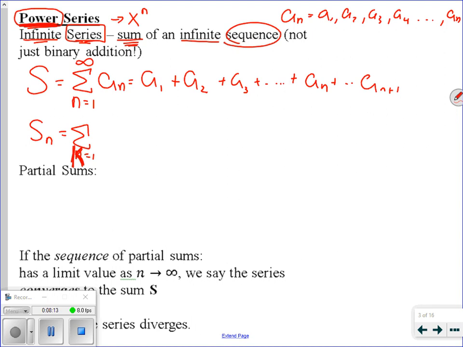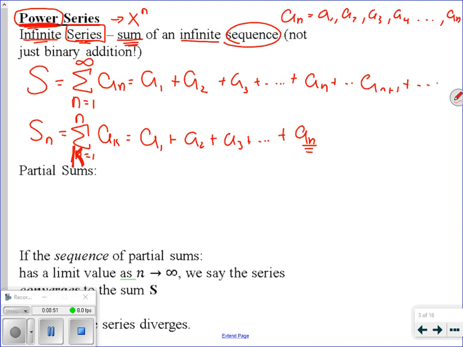So not the infinite sum, but just a partial sum: a sub 1 plus a sub 2 plus a sub 3 plus ... all the way to my nth term. That could be the sum of the first 10 terms, the first 12 terms, the first 100 terms. But it's different than taking the infinite sum like I was doing above.